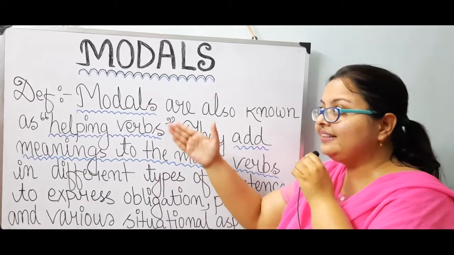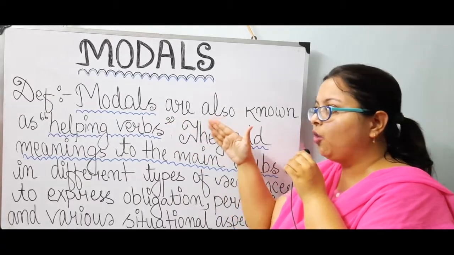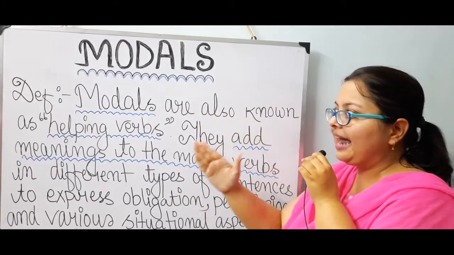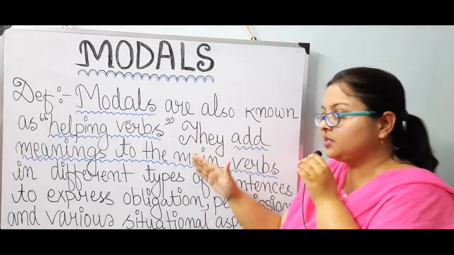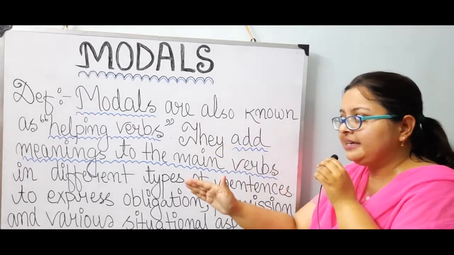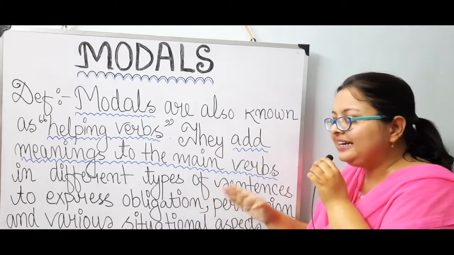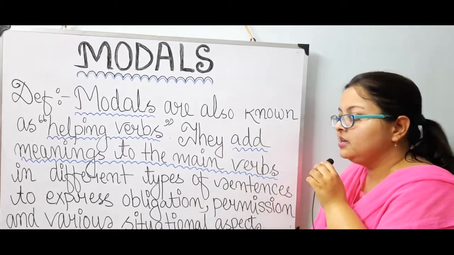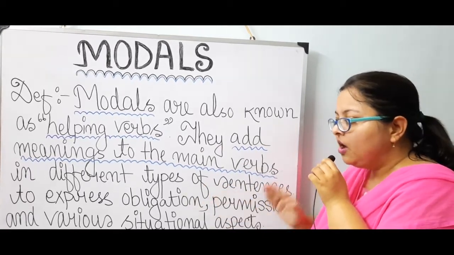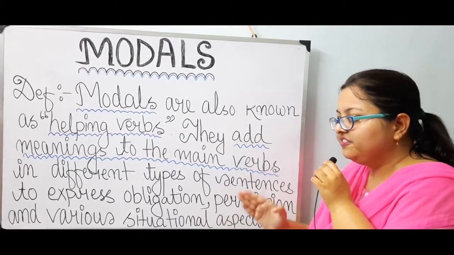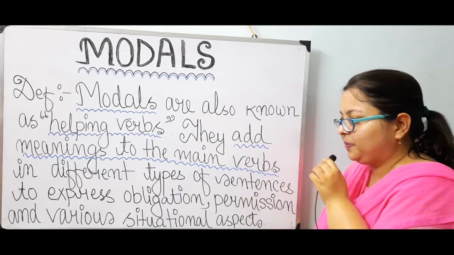Next, look at the definition of modals. Modals are also known as helping verbs. They add meanings to the main verbs in different types of sentences to express obligation, permission and various situational aspects.